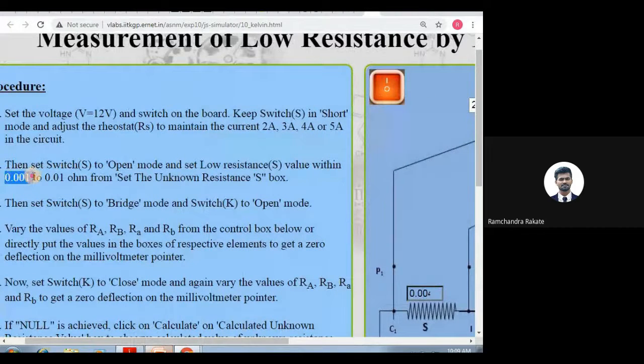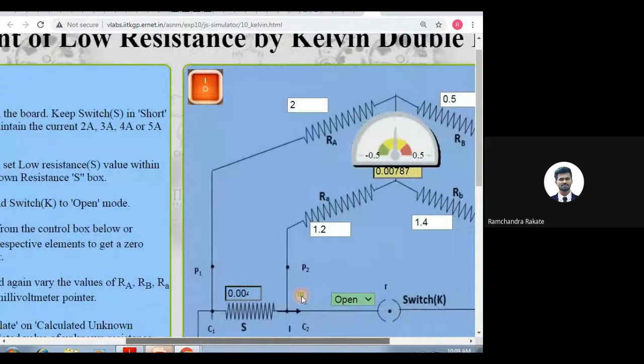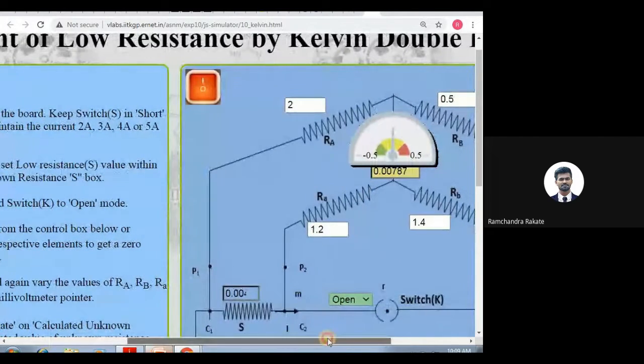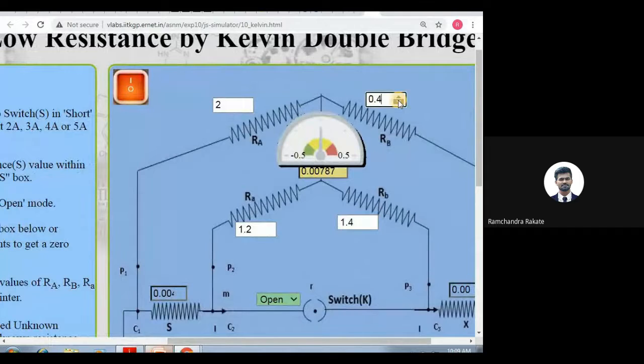In the previous stage we achieved 0.001. See, 0.00025. So it is acceptable that you have achieved null deflection.